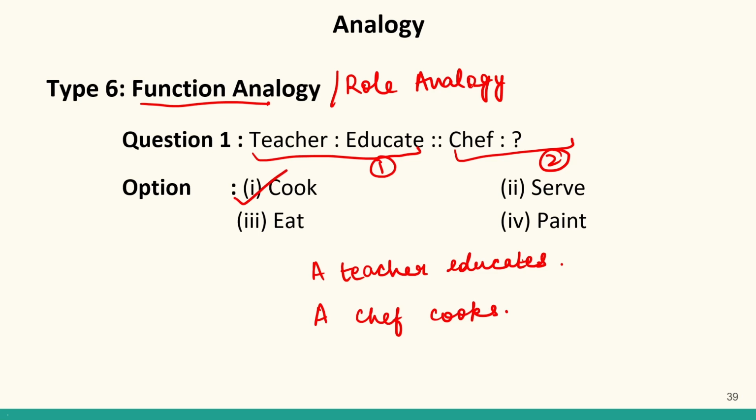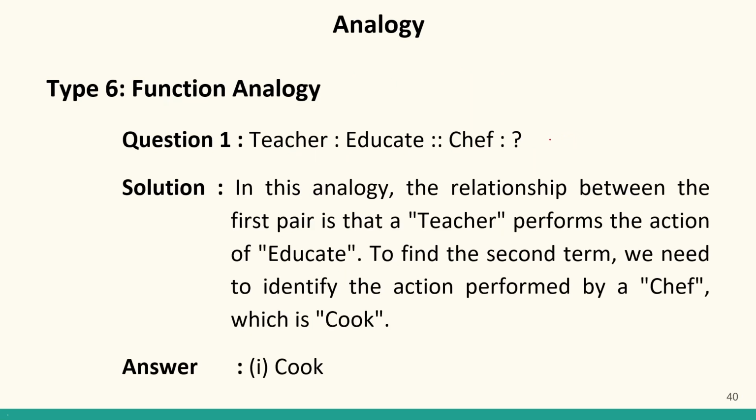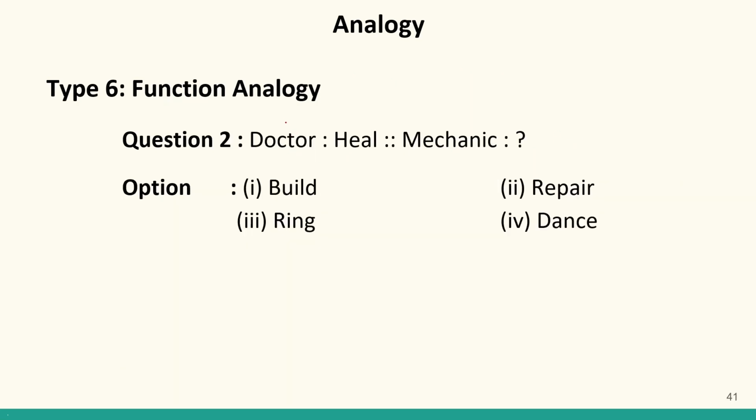So in function analogy or role analogy, we have to find the function in the first pair and then solve for the answer in the second pair. Now, what does a doctor do? A doctor heals. This is pair 1. So a doctor heals its patients.